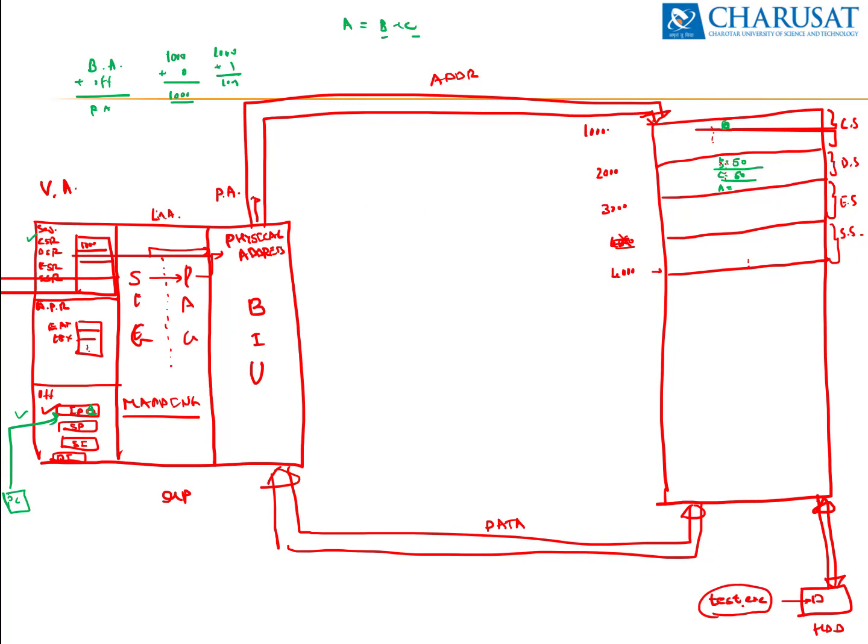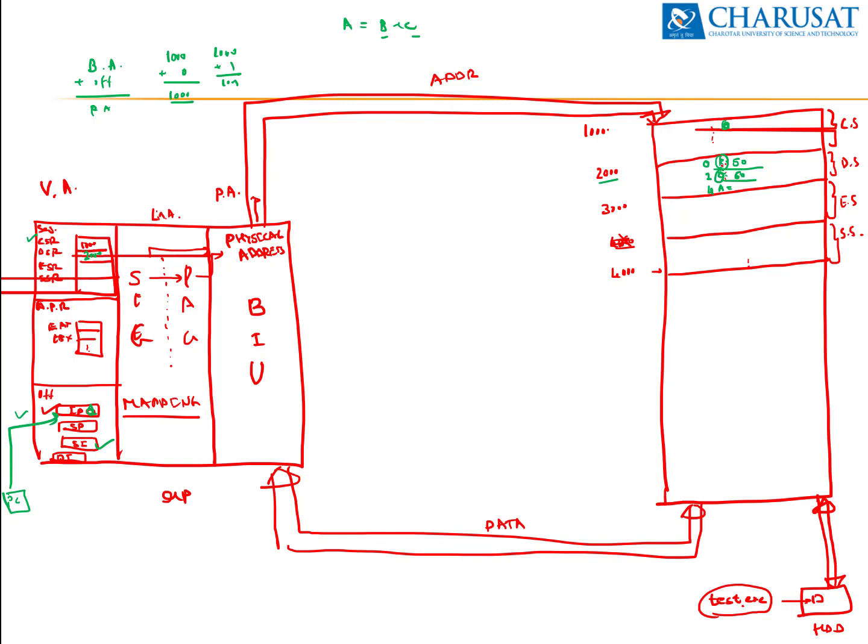To get the values of B and C, it uses the data segment register and the source index register SI. This 2000 is part of the DSR, the data segment register, and SI, in machine level language, shows the relative address instead of the variable. So instead of B it will write 0, and instead of C it will write 2. I am considering that an integer occupies 2 bytes, and the address of A would be 4.